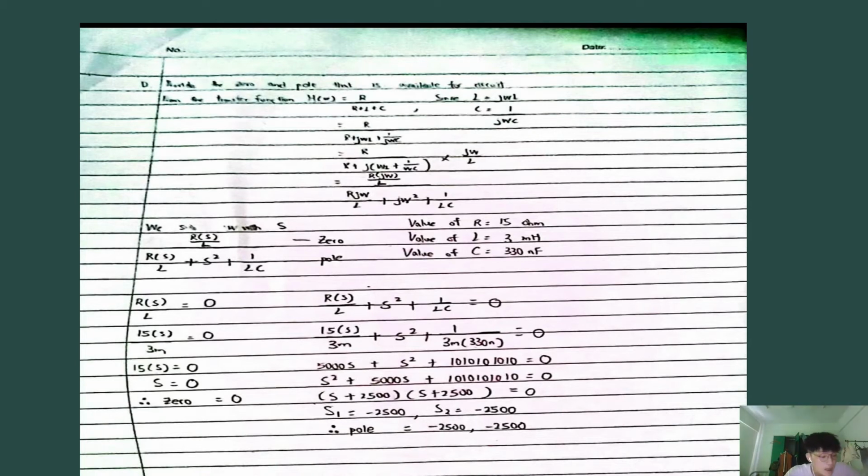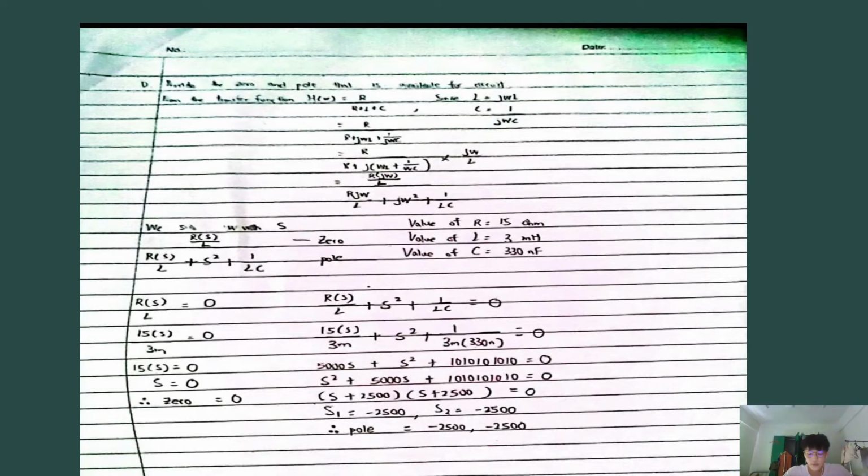We will get R over R plus jwL plus 1 over jwC. Next, we multiply the equation by jw over L and we will get R multiplied by jw over L, divided by R jw over L plus (jw) squared plus 1 over LC.